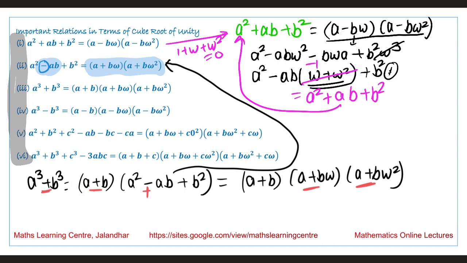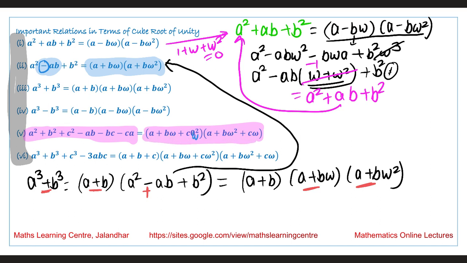Next formula: a square plus b square plus c square minus ab minus bc minus ca is equal to this value. You can verify this by multiplying these terms.